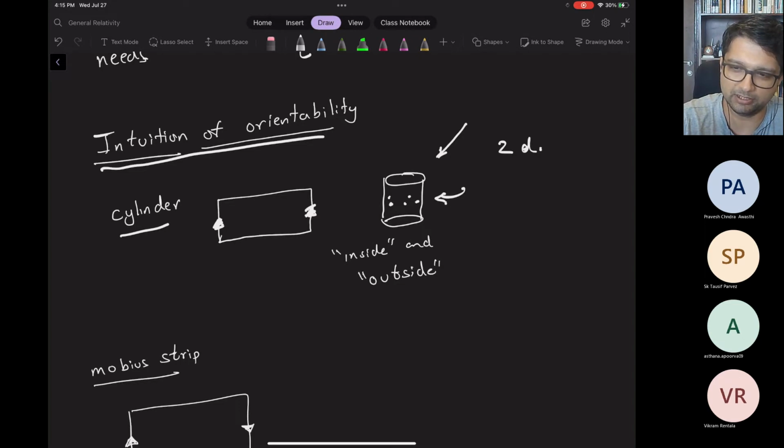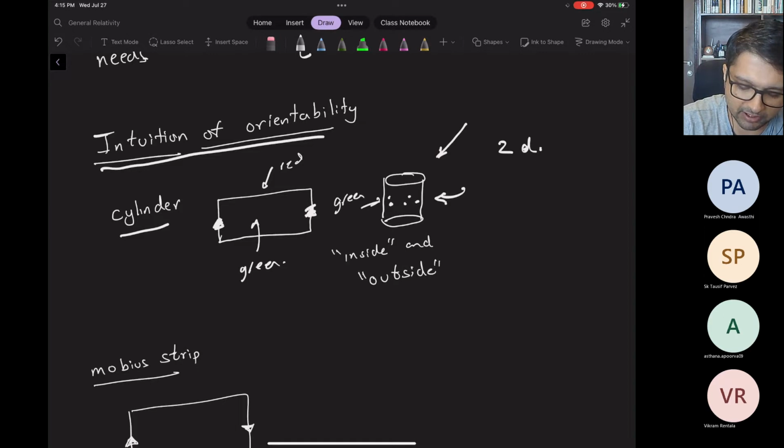What do you mean by the inside and the outside? For example, if I color the back of this paper red and the front of the paper green, then the outside of the cylinder will be green and the inside will be red.